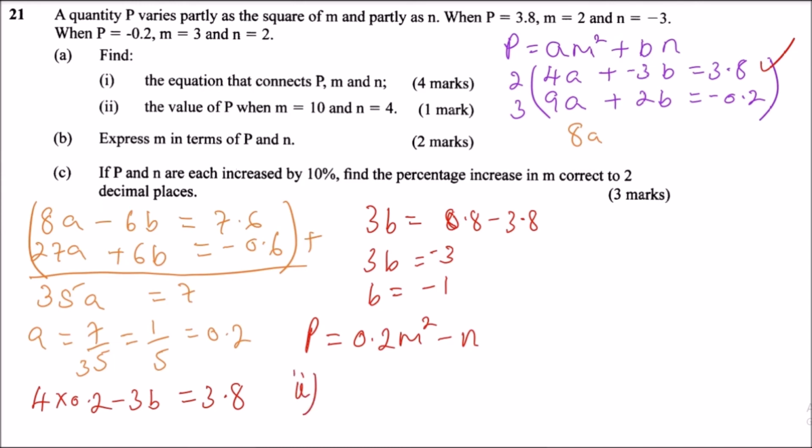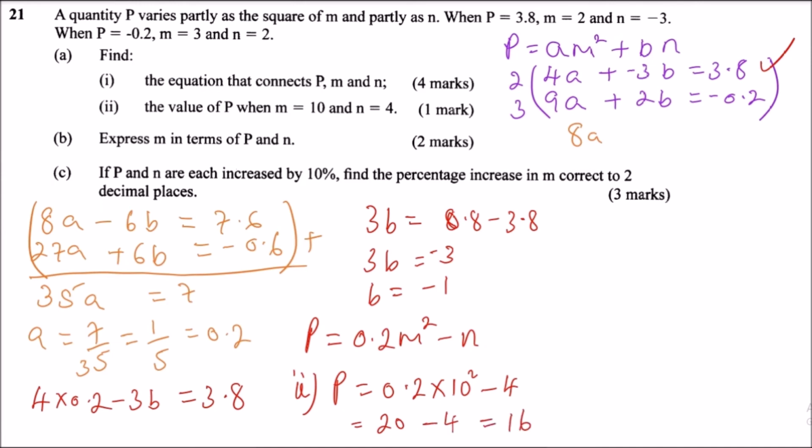We say p is equal to 0.2 multiplied by 10 squared, then minus n, which is 4. This is 100 multiplied by 0.2 is 20, minus 4, which will give you 16. So p is equal to 16.